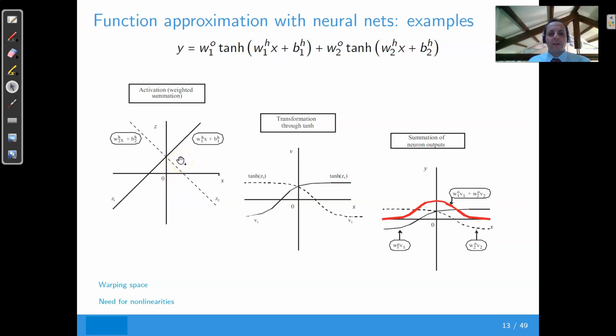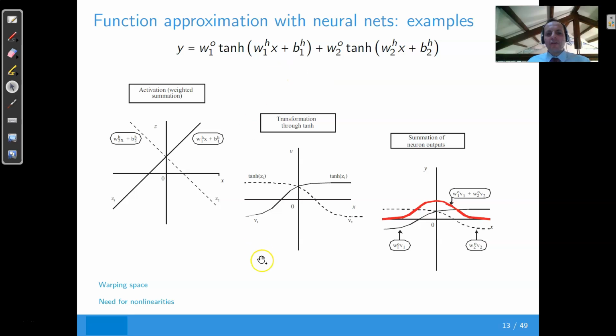Since we have just two inputs and two neurons, the activation function is described by two straight lines with the weights of the two neurons.